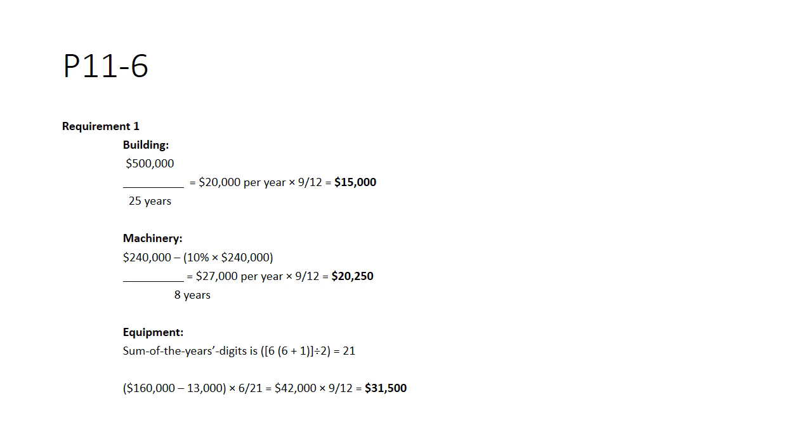The only thing that will change each year is the numerator. So 1 year's worth of depreciation, because that's what you're calculating here, is $42,000. We only need to calculate 9/12 for the first year, 31,500. So that is how you calculate depreciation using sum of the year's digits.